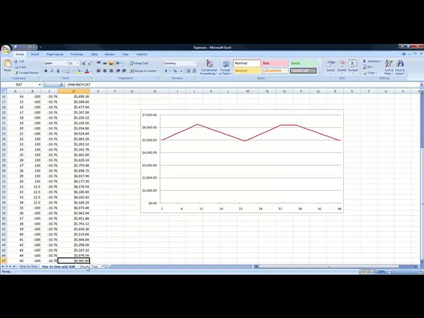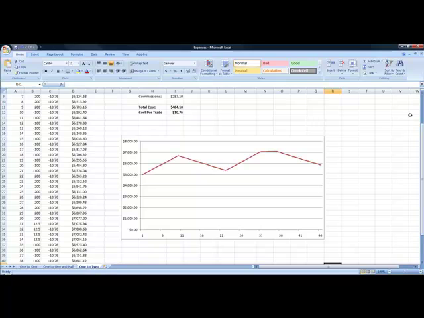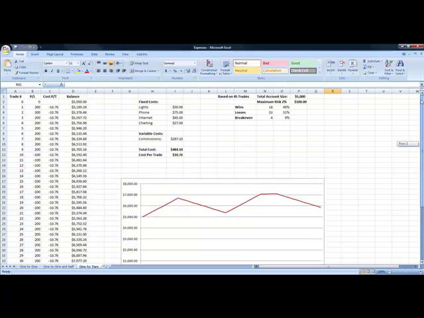Let's go to using a 1-to-2 risk to reward ratio. Again, everything remains the same. The account size, fixed cost, variable cost, everything is the same. We start out with $5,000. The only thing that has changed is we are using a 1-to-2 risk to reward ratio.